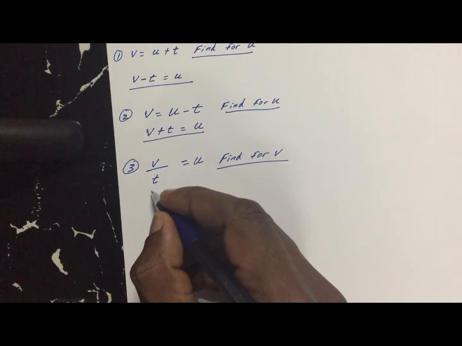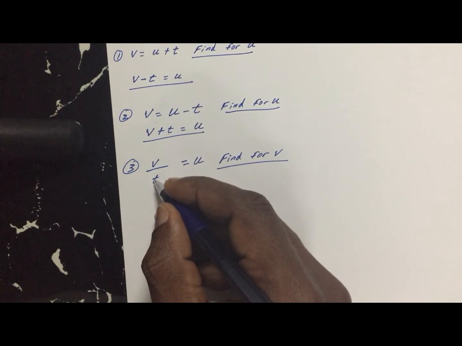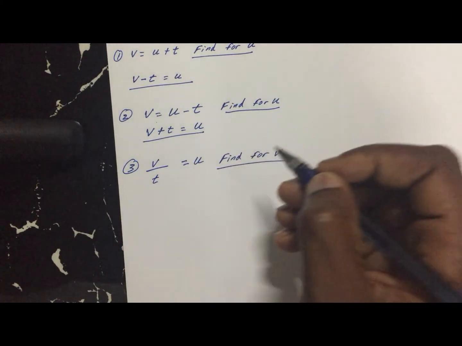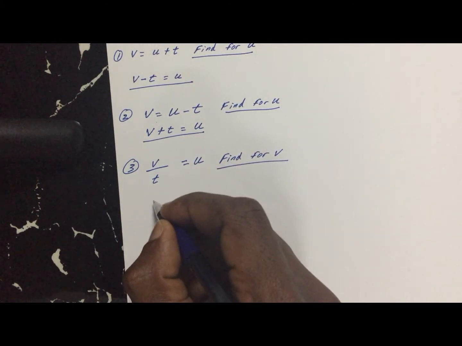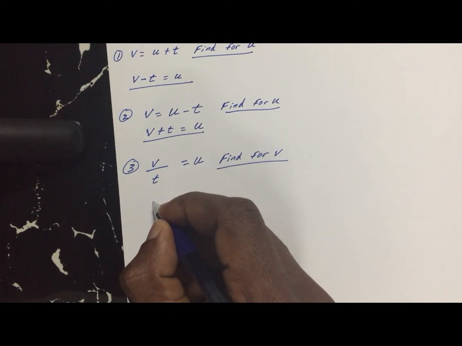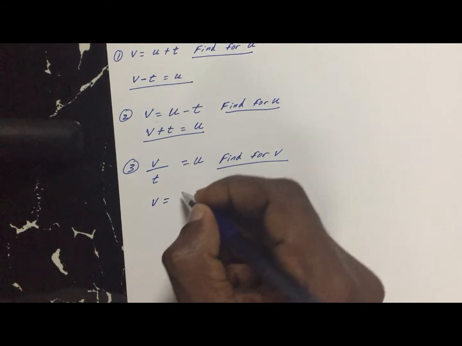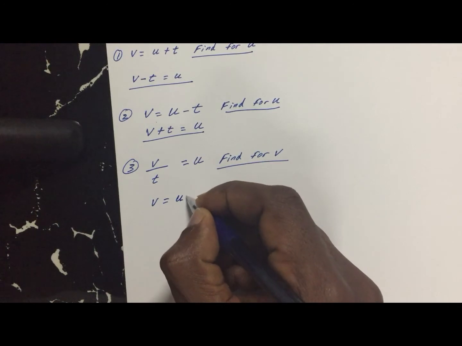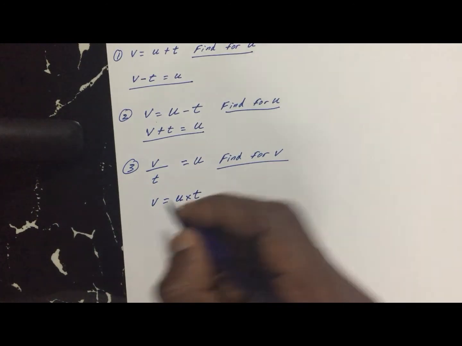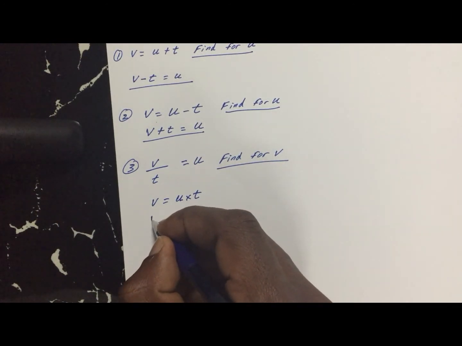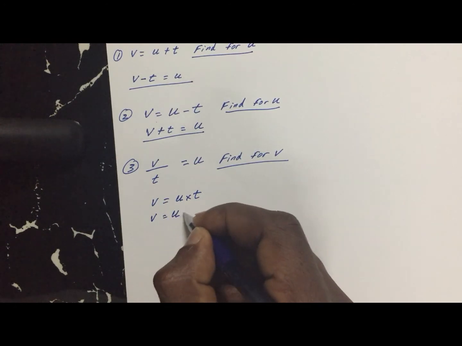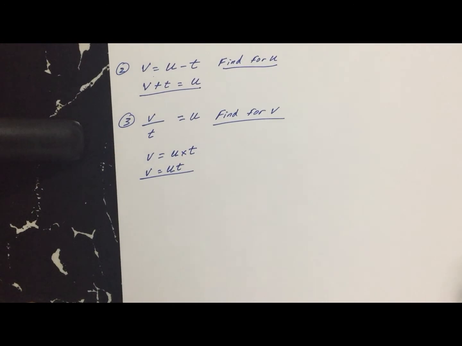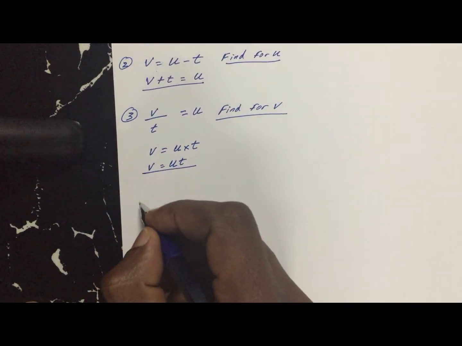So if it is dividing on one side, it does the opposite on the other. When it goes over, it multiplies. So that gives us v is equal to u times t, which can be rewritten as v is equal to ut. That's it. It's pretty simple, straightforward.